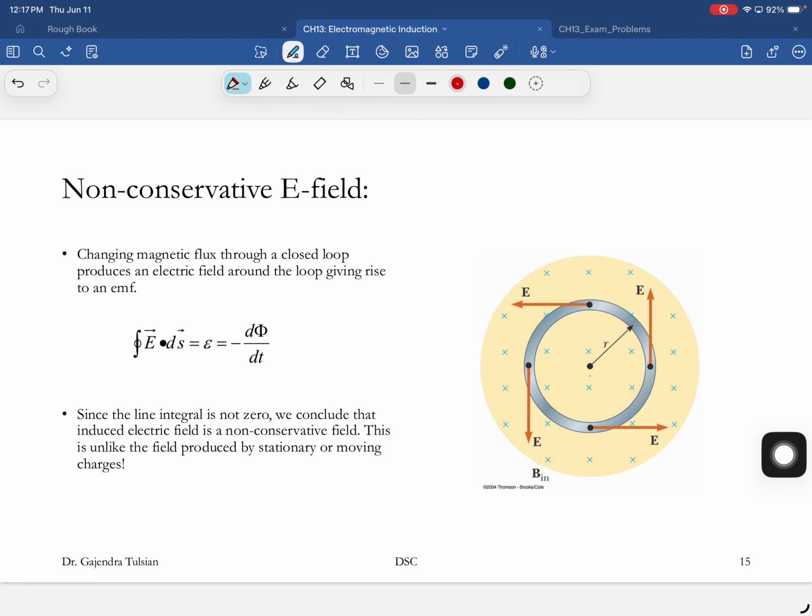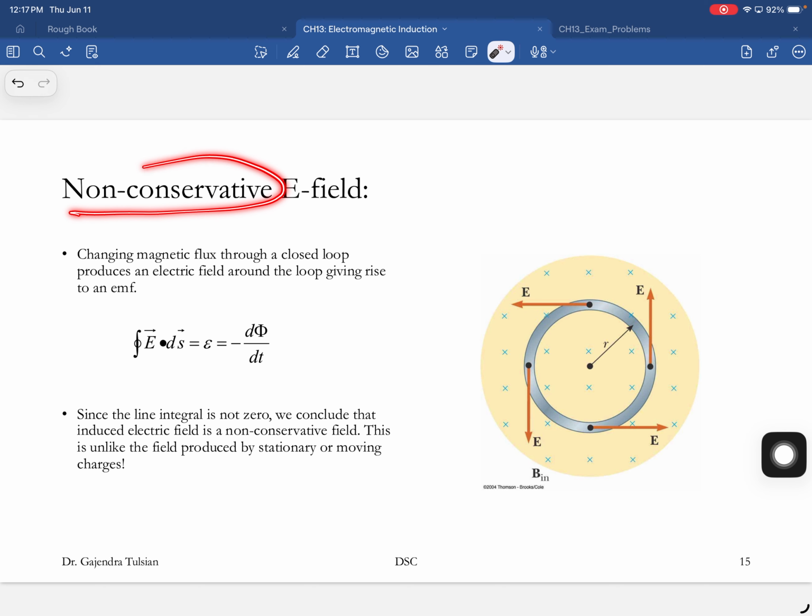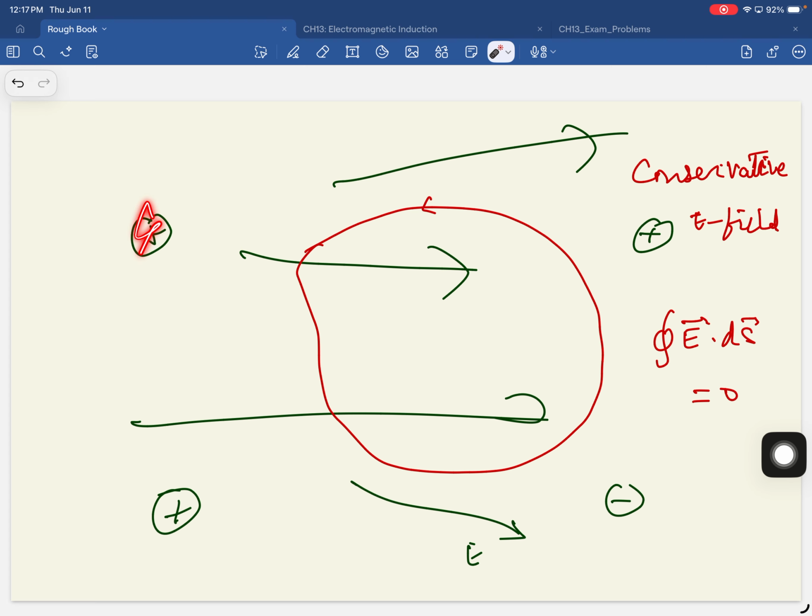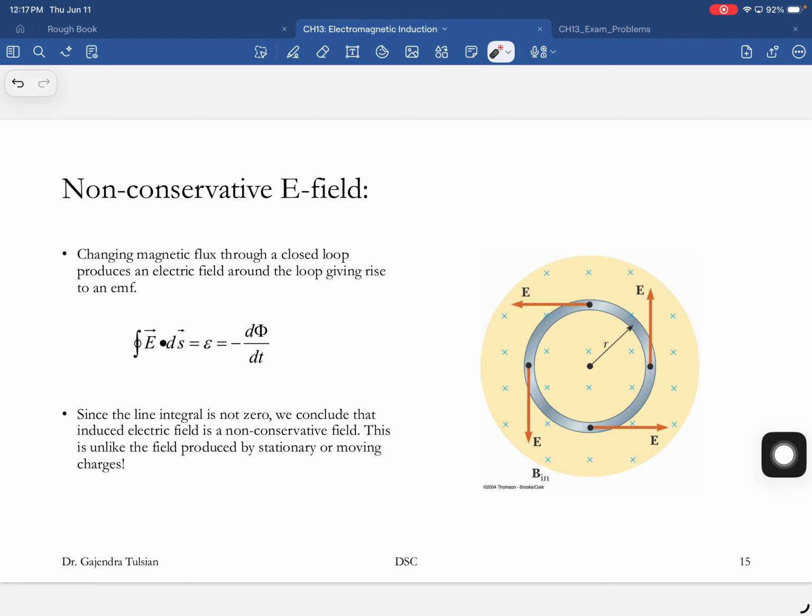When you produce an electric field by changing magnetic fields, this line integral is not 0. The line integral is the EMF induced. So this is a non-conservative electric field. The electric field produced by changing magnetic fields has a different nature than the electric field produced by static charges. Just a fact.